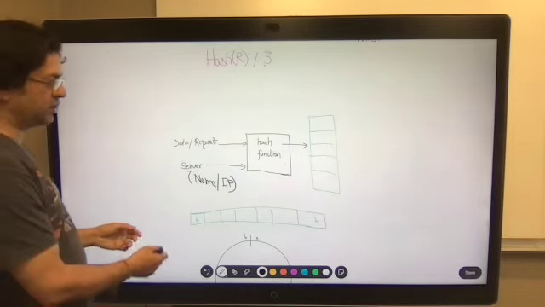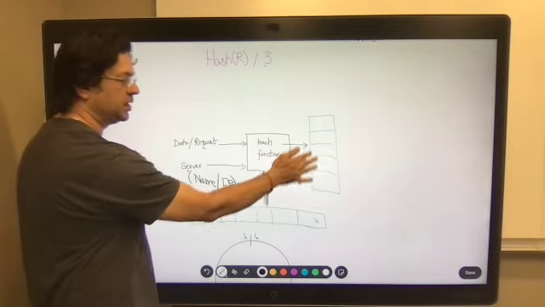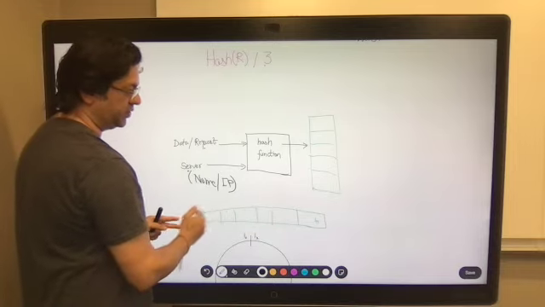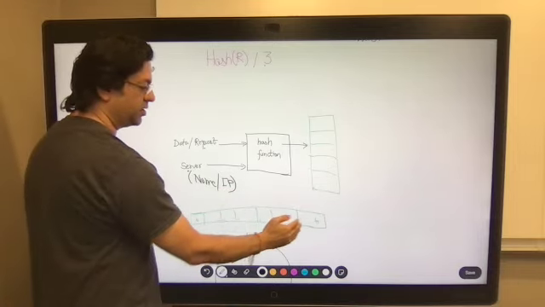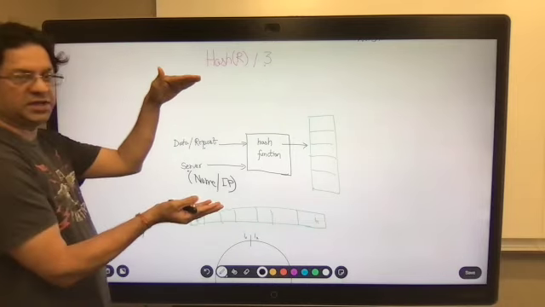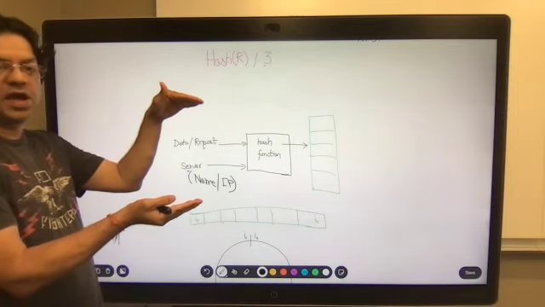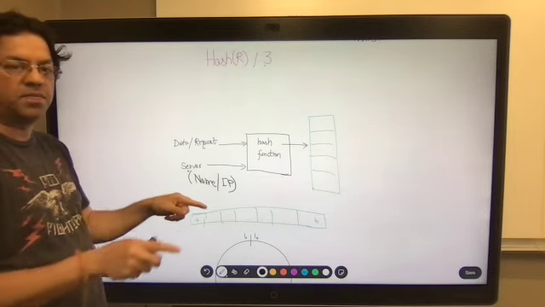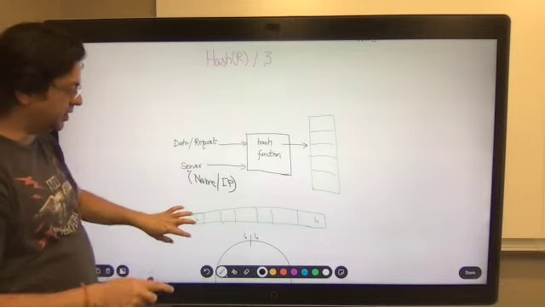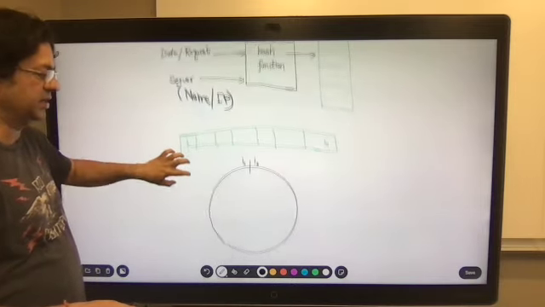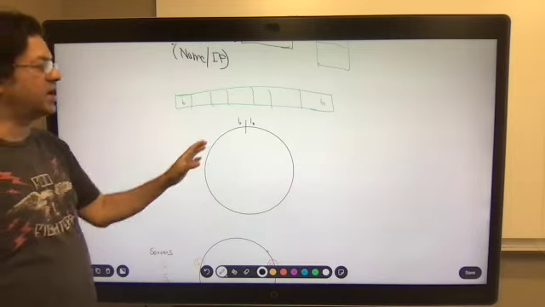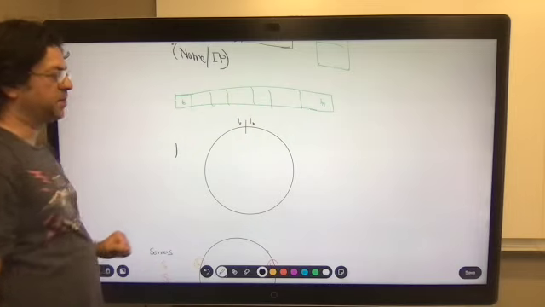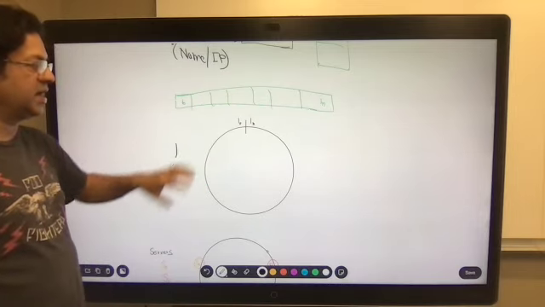What we call this space is the hash space. I'm representing it horizontally here. If you take this hash space and represent it in a circular form, that is the basis of consistent hashing. We'll see the benefit of why the linear hash space is converted into a ring. We'll see the advantage of that.